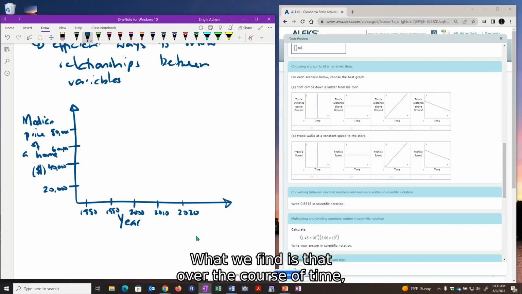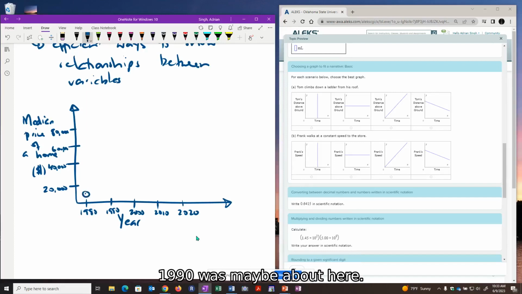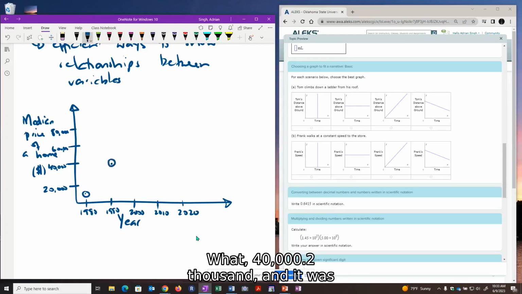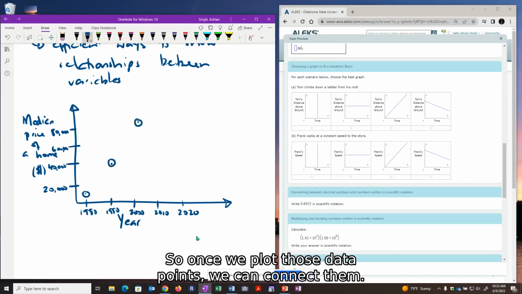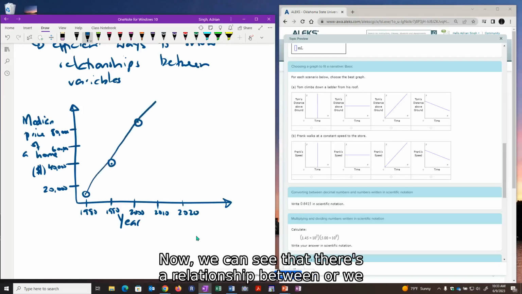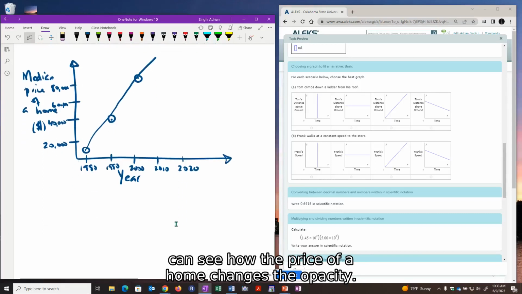And what we find is that over the course of time, maybe back in 1980, the median price was about maybe 10,000, and when we got to 1990, it was maybe about here, about 40,000. In 2000, it was up to maybe about 80,000, etc. So once we plot those data points, we can connect them now, and we can see how the price of a home changes as the year passes.